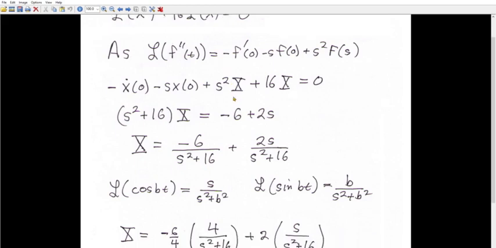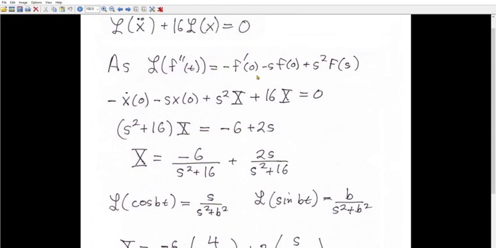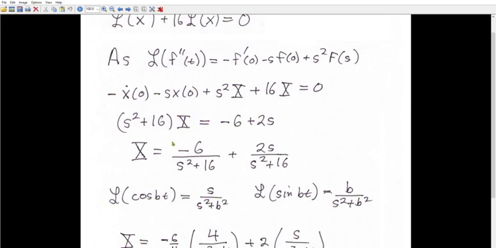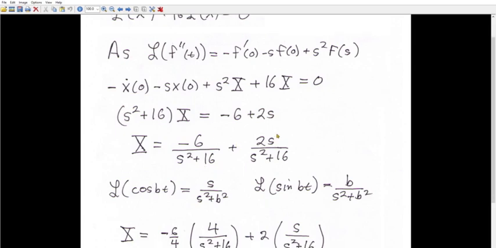We're going to do exactly the same thing: move all this stuff over here, and plug in the fact that x dot of 0 is minus 6 and x of 0 is 2. And as before, we divide by s squared plus 16 to isolate the cap X, and we get minus 6 over s squared plus 16 plus 2s over s squared plus 16.